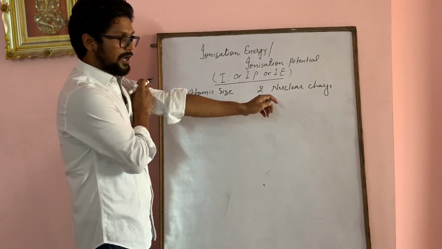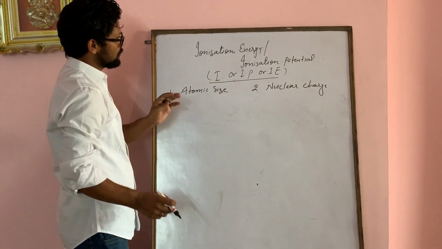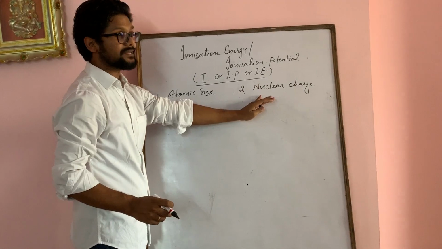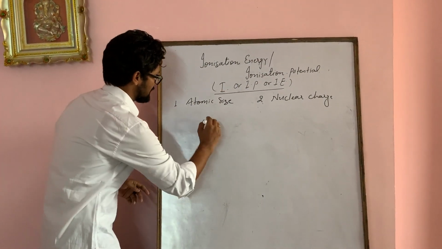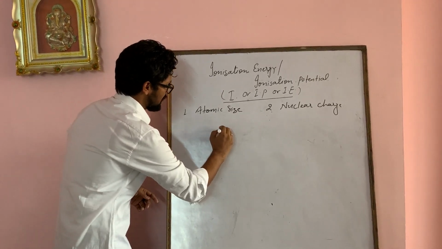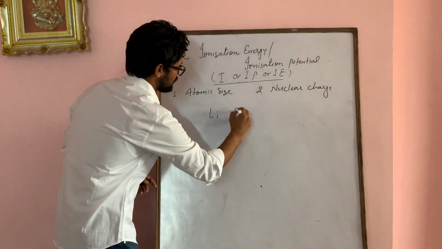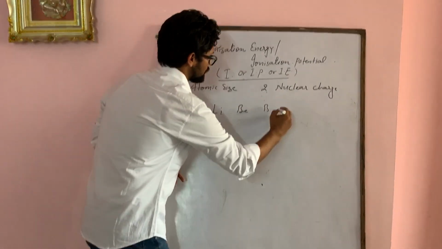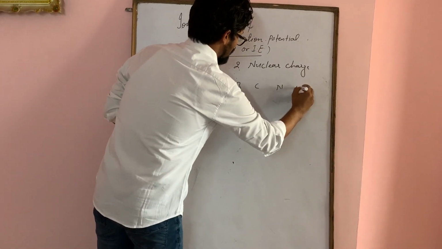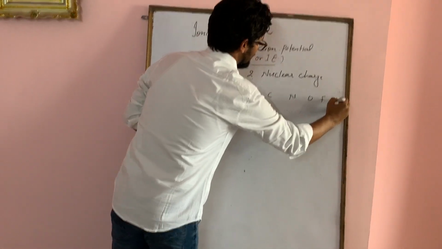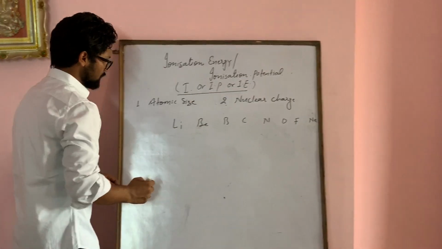One example I am going to take and explain how atomic size and nuclear charge affect the value of ionization energy. Take an example of a period of elements: lithium, beryllium, boron, carbon, nitrogen, oxygen, fluorine, and then neon.